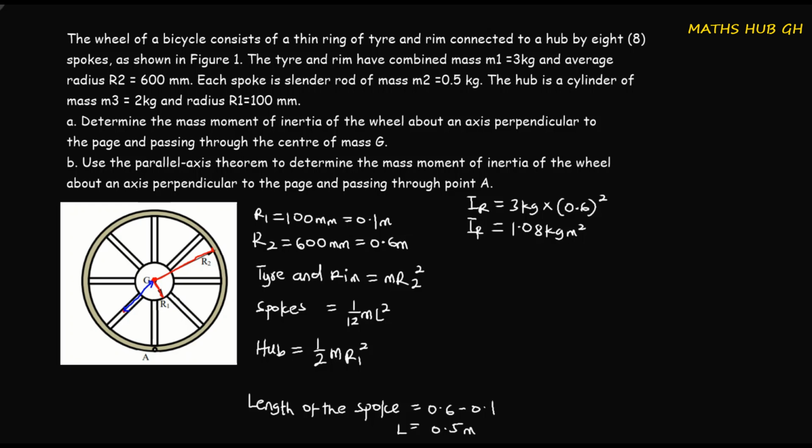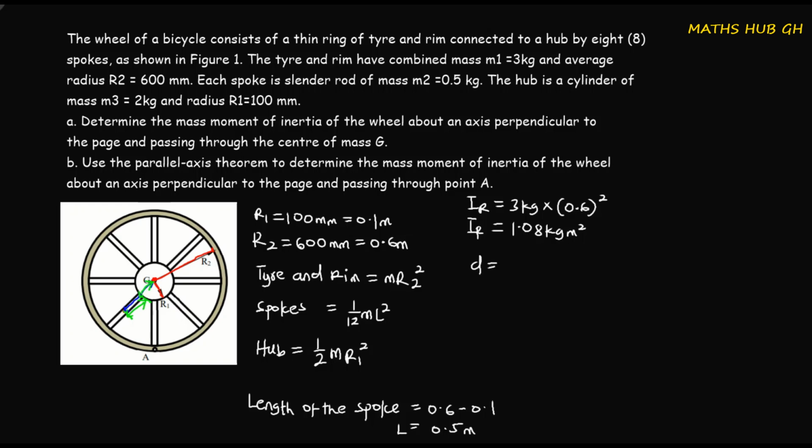So now you know the length of the spoke to be equal to 0.5. Okay, so we need this half length of the spoke, plus the radius of the hub, to give us the distance of the center of mass of the spoke from the axis of rotation. So half of the length of the spoke would be 0.5.